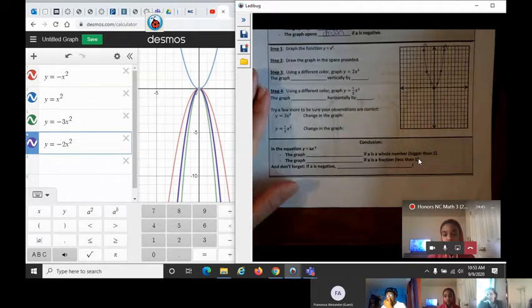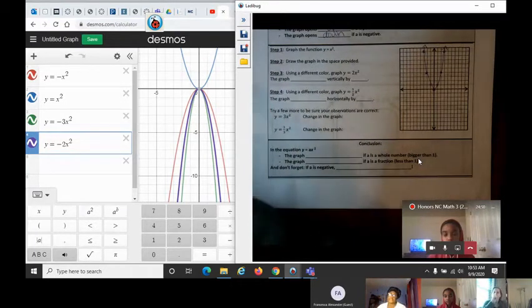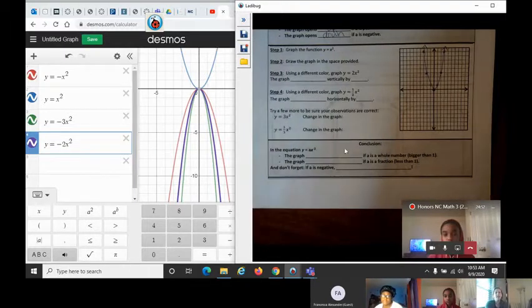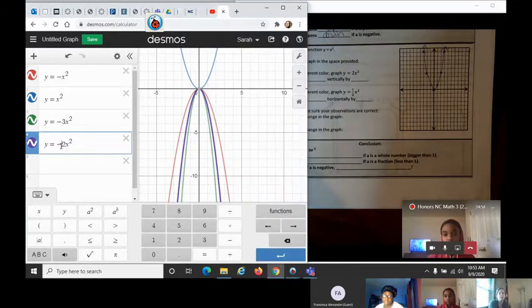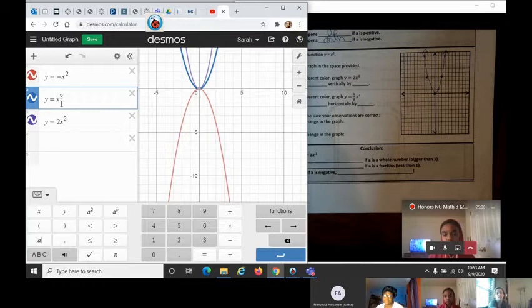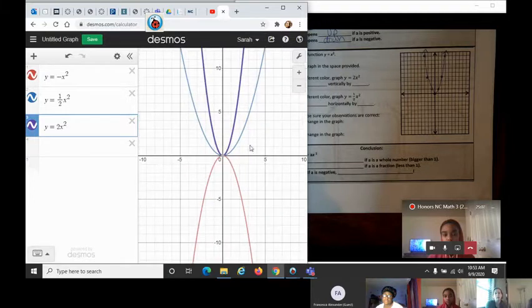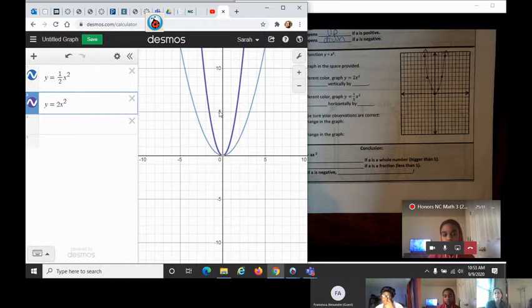And then it says in a different color, graph the 2x squared, and then it wants us to also graph the 1/2 x squared. So we've got 2x squared. I can just change that. And then let's change this one to 1/2 x squared. Okay. So now our purple is the 2 and the blue is the 1/2.